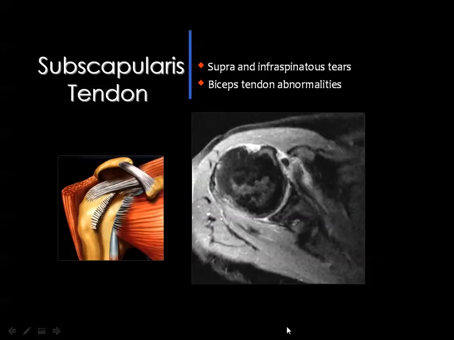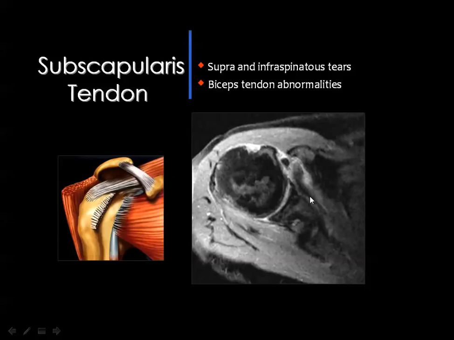Then you know that the subscapularis tendon is intimately related to the tendon of the long head of the biceps in the bicipital groove. And many times when the subscapularis tendon ruptures, it will affect the tendon of the long head of the biceps, as you see in this example.